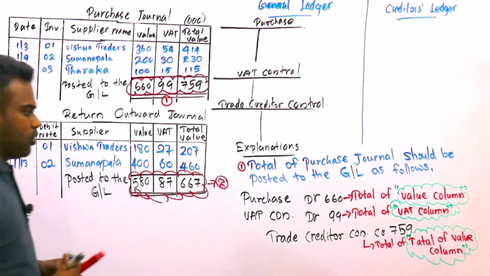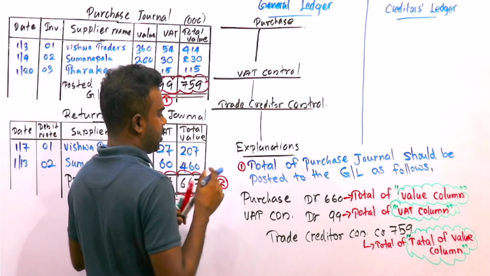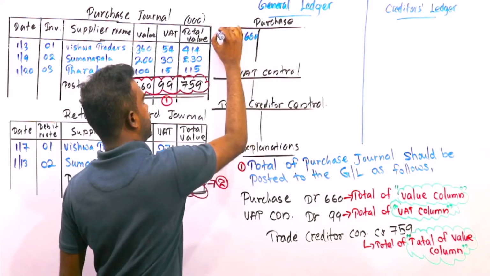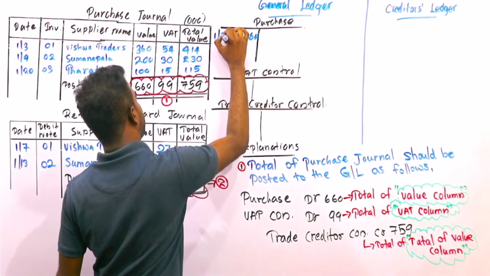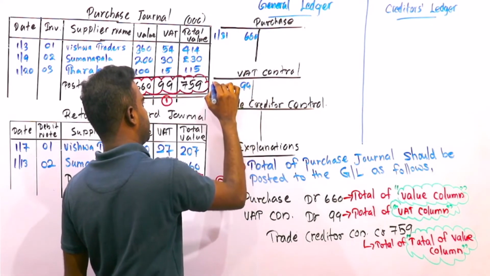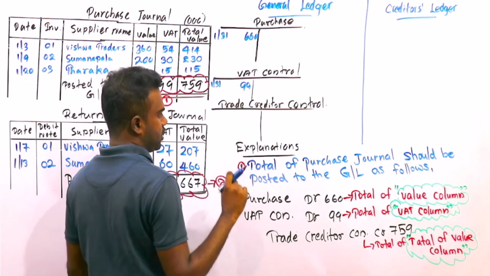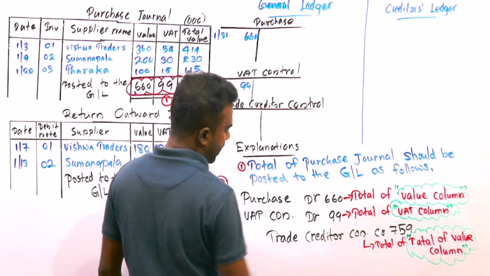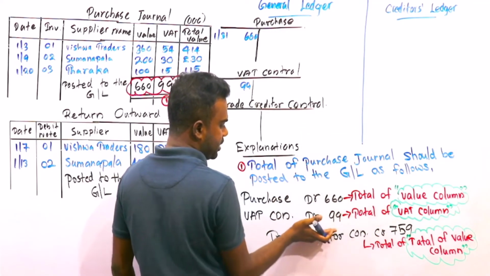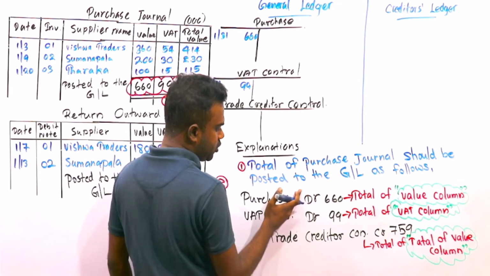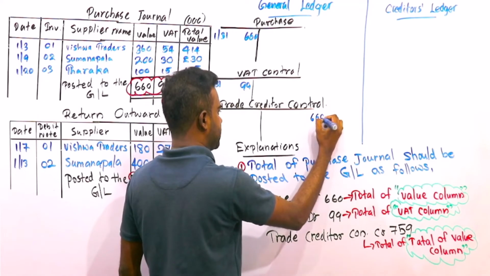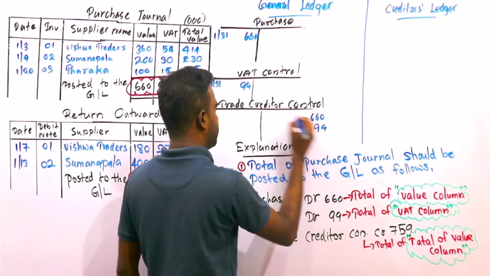Okay, now look here, purchase debit 660 rupees, January 31st, end of the period. VAT control debit 99, January 31st. Trade creditor control credit, no, you have to record it separately, because there are two double entries. Then separately 660 and 99.